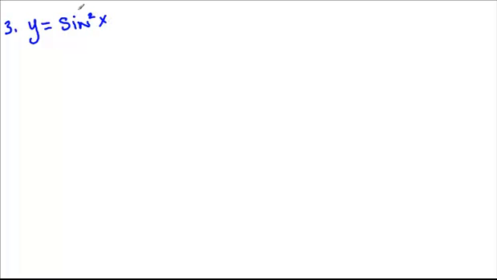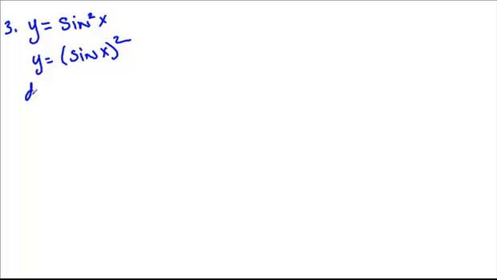Okay, this is a deceptive problem because some students think that only the x is being squared, when what really is going on here is this. Yeah, you see the difference? Okay, so the outside function is the square, and the inside function is the sine.